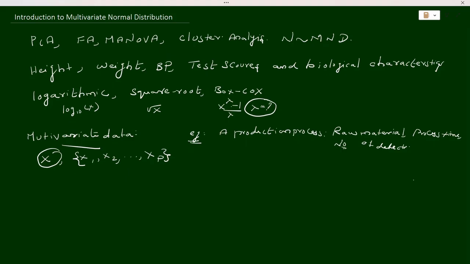All such things will be considered as the measurements or characteristics under the production process.